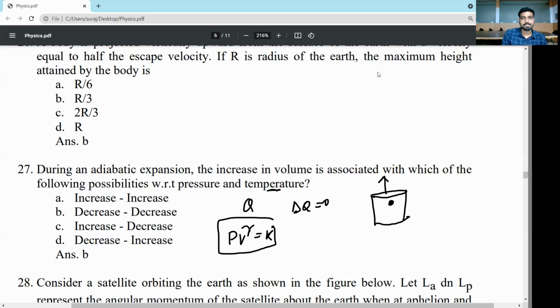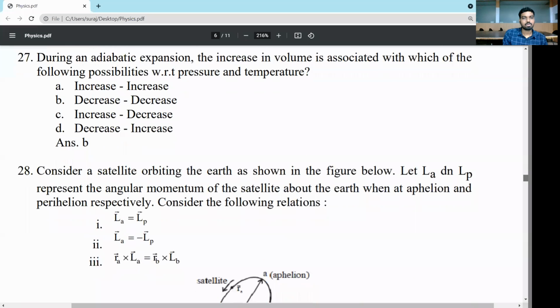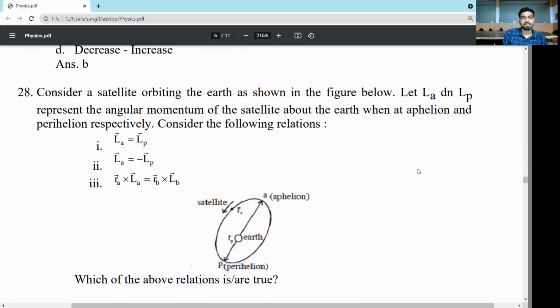Now question number 28. Consider a satellite orbiting the Earth as shown in the figure below. LA and LP represent the angular momentum of the satellite about the Earth when at the aphelion and perihelion, respectively. Perihelion means it is near to the Earth, and aphelion means it is far away from the Earth.